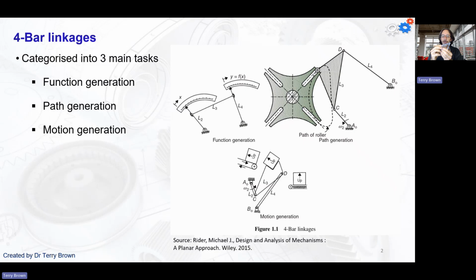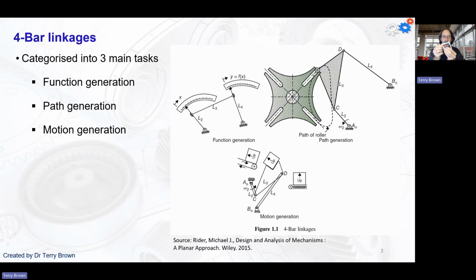Usually you would have this link rotating all the way around, and then this one will rock. So we call that a crank rocker. If this link here can rotate 360 degrees, we call that a crank. And then this one here just rocks backwards and forwards, so we call that the rocker link. So yeah, that's usually what we have.